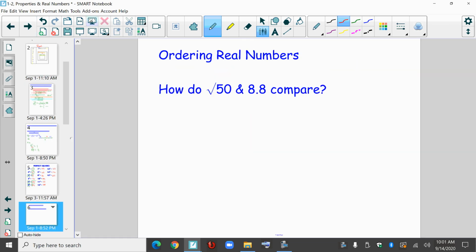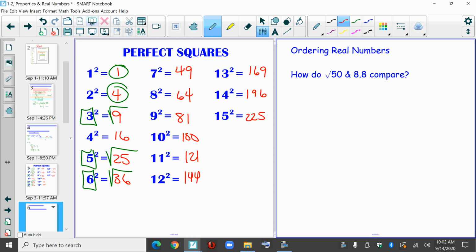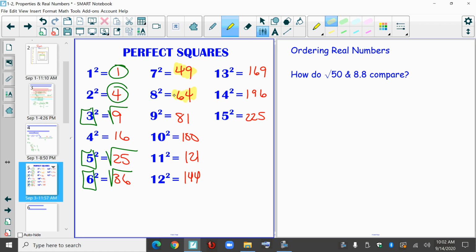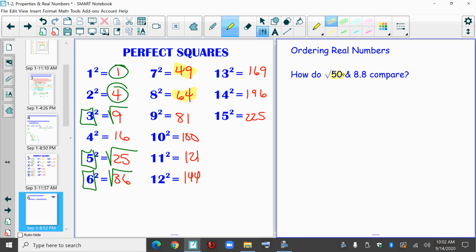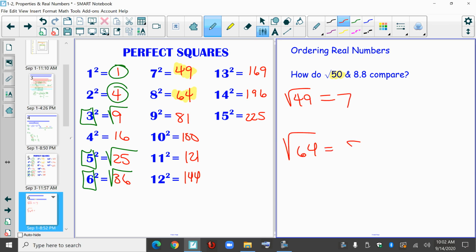which is how do you compare the square root of 50 and 8.8? Well, again we use this over here, and we say, okay, let's find our perfect squares. Well, 49 and 64 is where 50 is between. Would you agree? So the square root of 49 is 7, and the square root of 64 is 8.